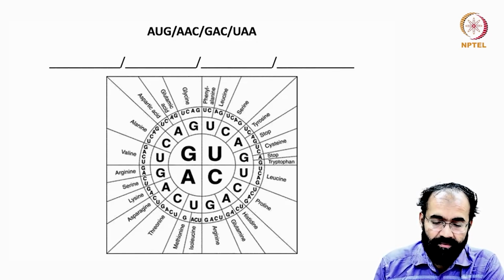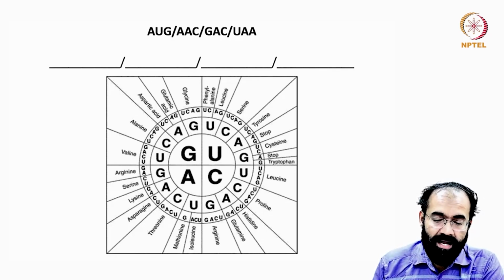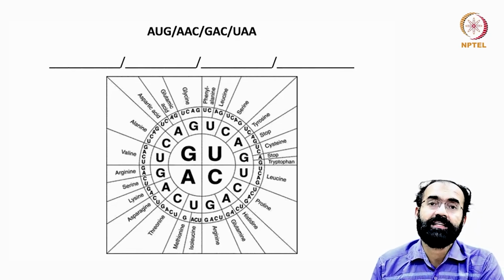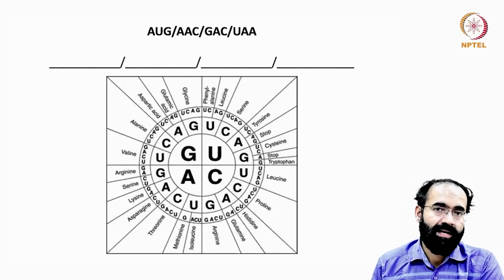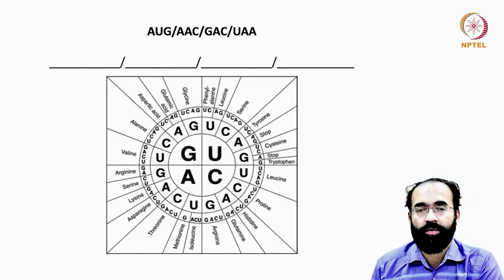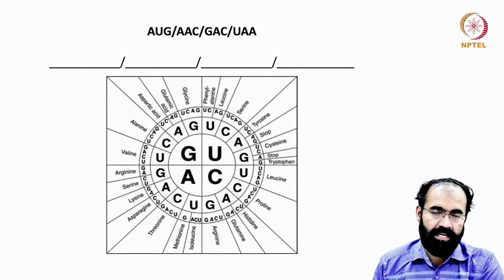See, here also you have CGG, arginine, CGA, arginine, CGC, arginine, CGU, arginine. So arginine has got 4 here, 2 here. So total 6 arginine has. So only methionine and tryptophan, 2 amino acids, have got only 1 codon. Rest all of them have at least 2 codons.